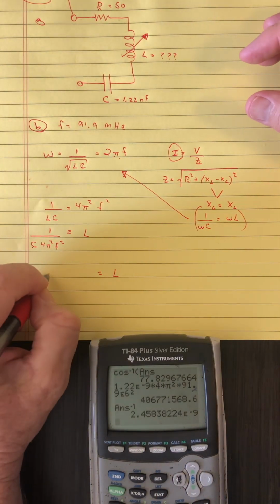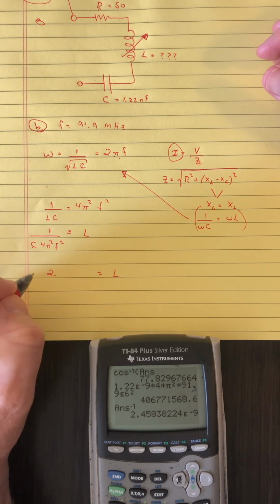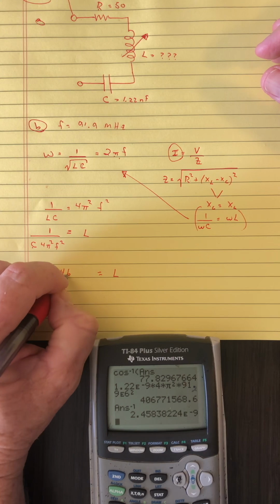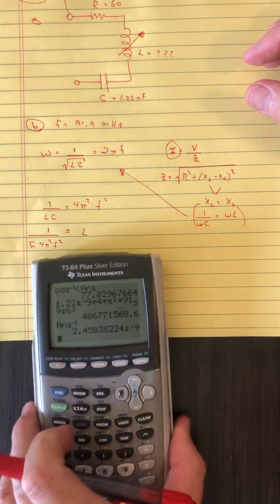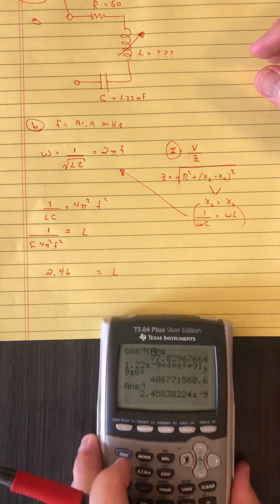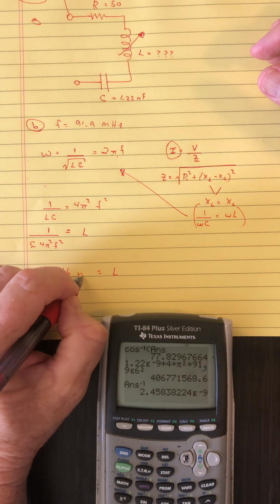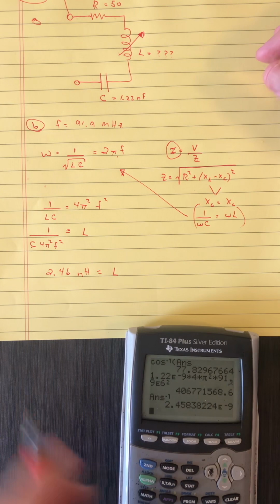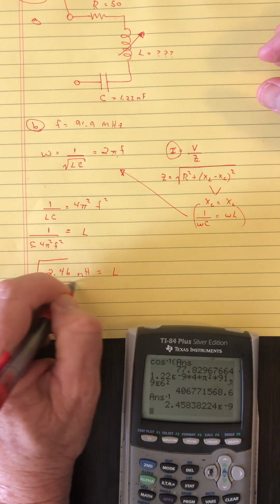And it looks like I get 2.46, times 10 to the minus 9. So I'll write that as nano, and inductance is in henries. And so this should work.